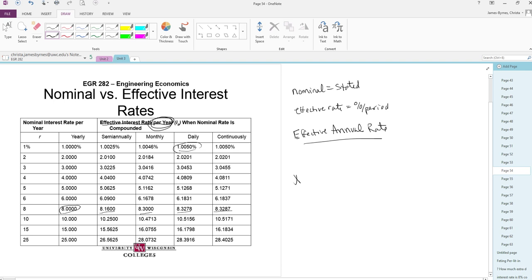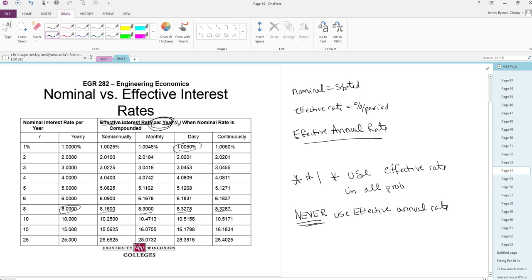Okay? Number 1 to remember, use the effective rate in all problems. Never. This is a huge never. Do not do this. Use the effective annual rate.